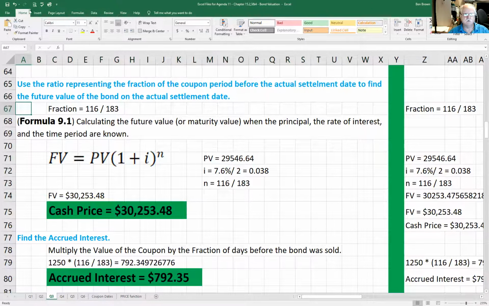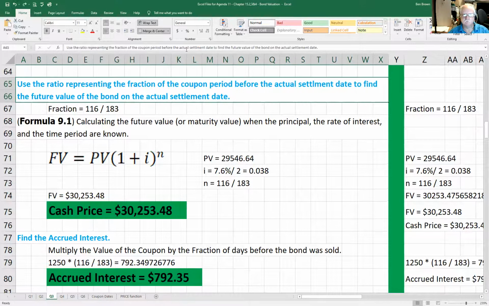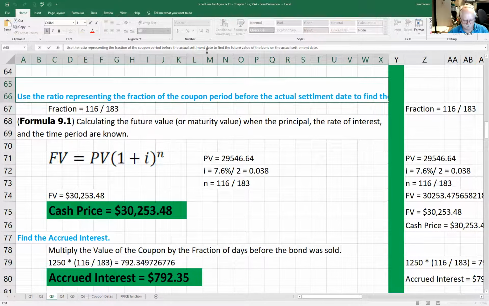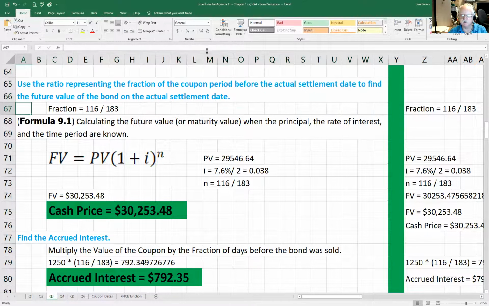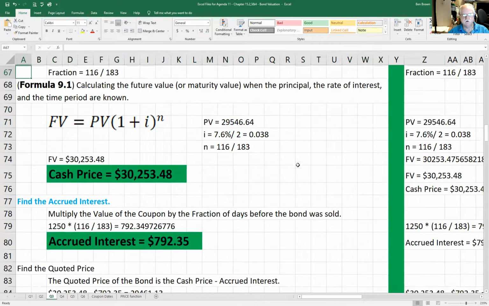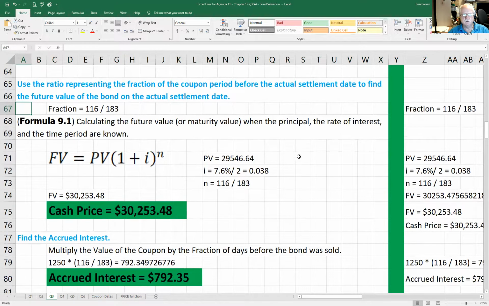Oops, that didn't work. I'm just trying to spell settlement correctly. So the fraction of the time we're looking at is 116 days out of 183. So what we're going to do is find the present value of just that fraction.